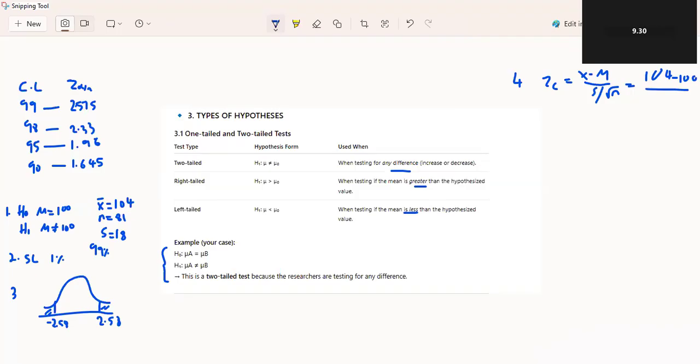And our sample size is 81. So you calculate 104 minus 100 is 4. Square root of 81 is 9. 18 over 9 is 2. So Z calculated, 4 over 2, is 2.